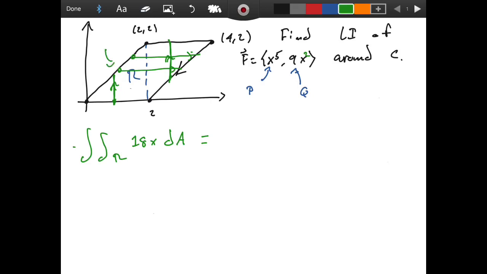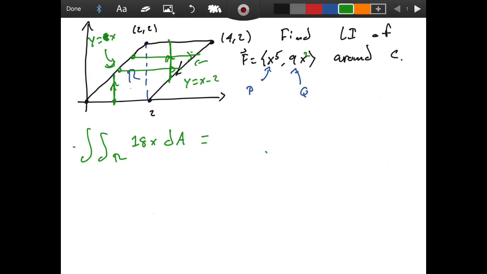So to do that, we need to get an equation for these lines. So this is y is equal to x, and this is y is equal to x minus 2.